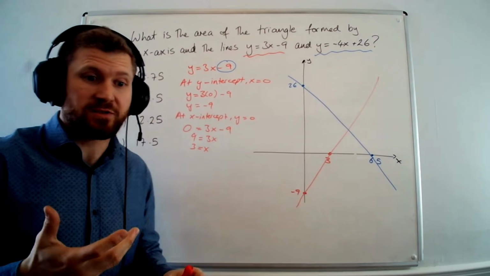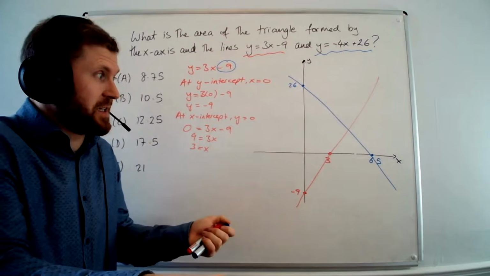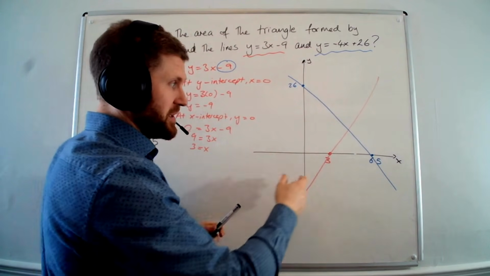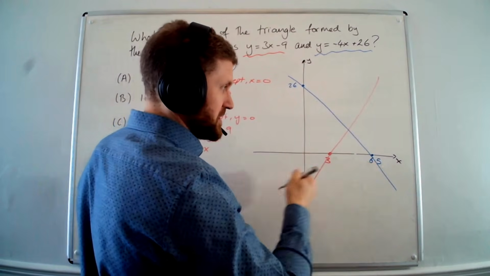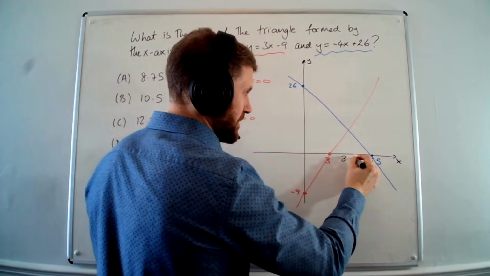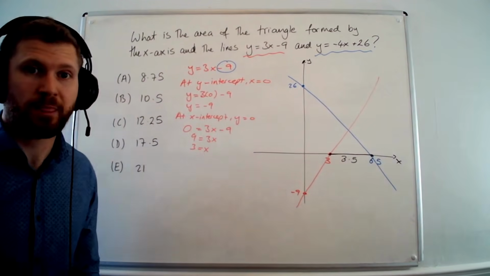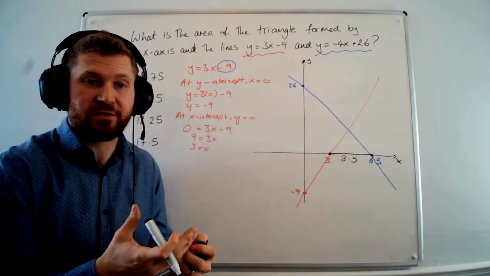Now, finding the x-intercepts was not a total waste of time here, because that will give us the length of one of these sides of the triangle. This goes from 3 to 6.5, and so the length of that line there is going to be 3.5. Now, there are various ways of finding the area of a triangle.